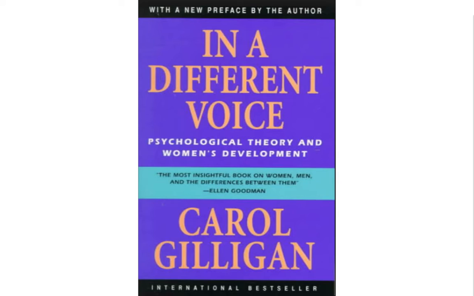Now, this particular book by Carol Gilligan is a seminal piece. It's a landmark book that looks at different voices of individuals in relation to moral issues. Carol Gilligan is actually a disciple of Kohlberg, who talks about the moral stages of learning.